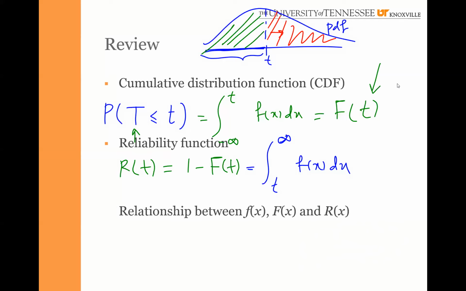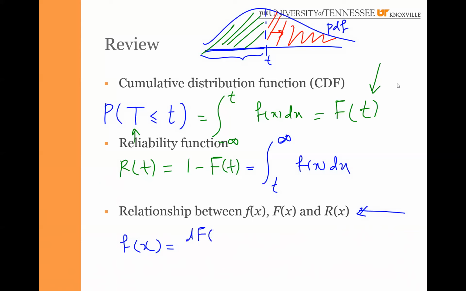Okay, excellent. We discussed that we can go from any of these 3 functions that we learned to the other one. Here, I'm integrating lowercase f, and depending on where I'm integrating it, I'm going to get either capital F or capital R. So let's say I want to get lowercase f from capital F. What do I do? Take the derivative. Okay.